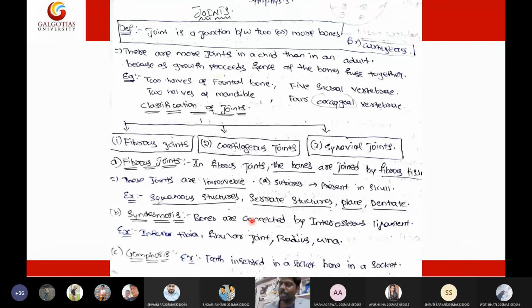Now I'm moving forward to the third type of joint, the synovial joints.